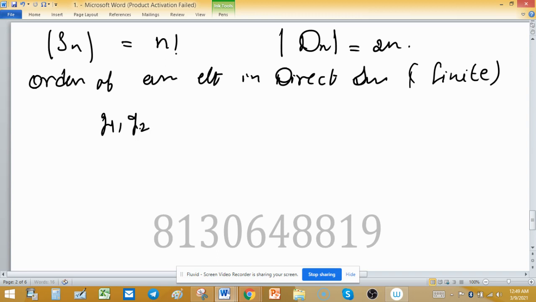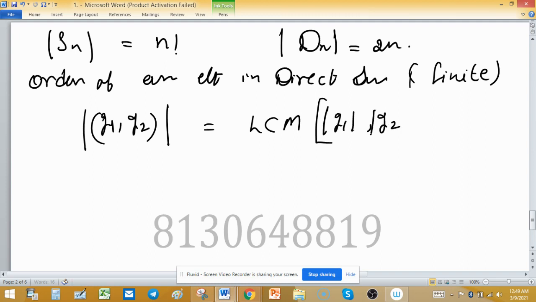Suppose (g1, g2) is an element of the direct sum. Then its order is the LCM of the individual orders, LCM of order of g1 and order of g2, where g1, g2 come from the groups forming the direct sum.